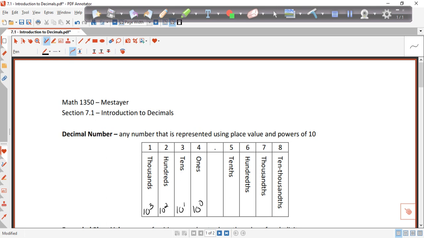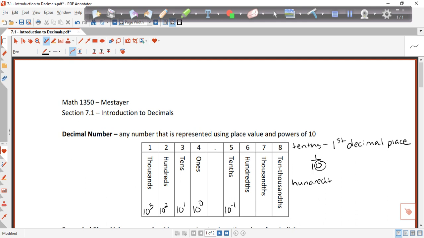When we go on the other side of the decimal, the first place is called the tenths place. The 1/10th place. Notice that has 1 zero, and we're in the first decimal place. So it's going to end up being 10 to the negative 1.